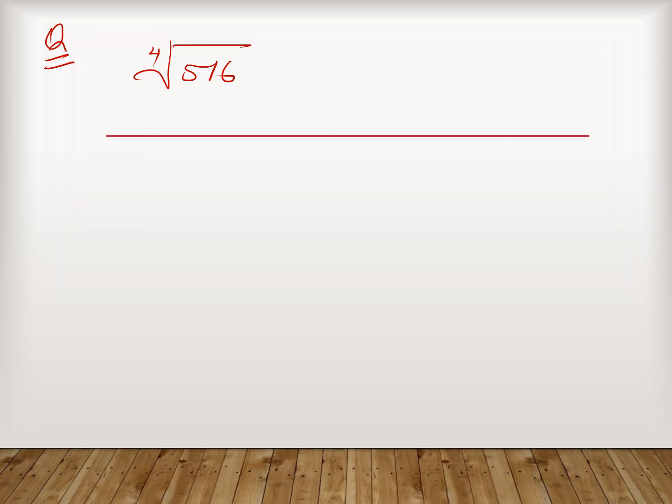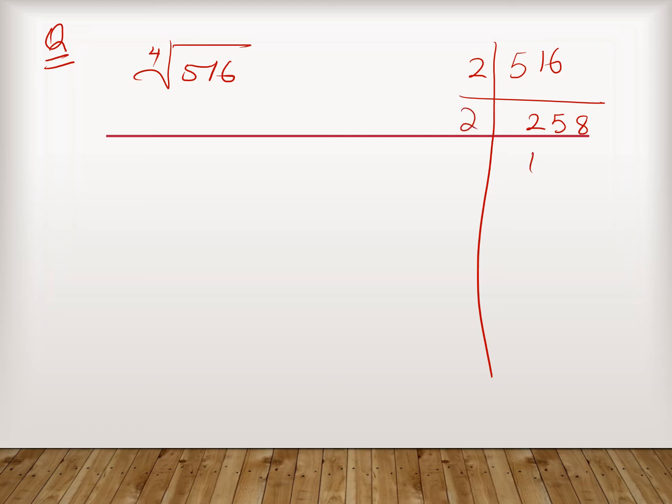First of all, try to factor 516, and always choose the prime factors, as I said, because prime factors will always give you the correct answers. 516 divided by 2 gives 258. Again divide by 2, and again divide by 2, and you will get 129.